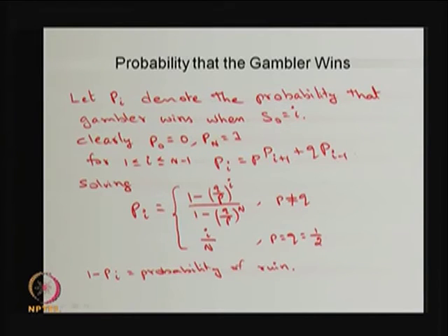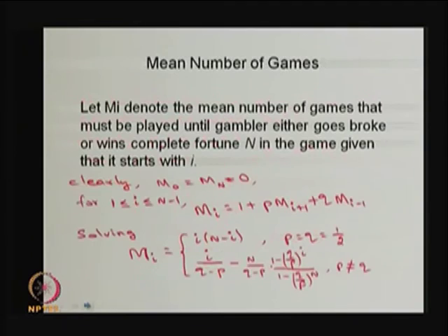For p and q equal to each other, that is p equal to half, because q is 1 minus p, you get the probability of the gambler's win as i divided by N. Here the interest is the probability that he is going to win, and 1 minus that is the probability that he is going to lose in this game.